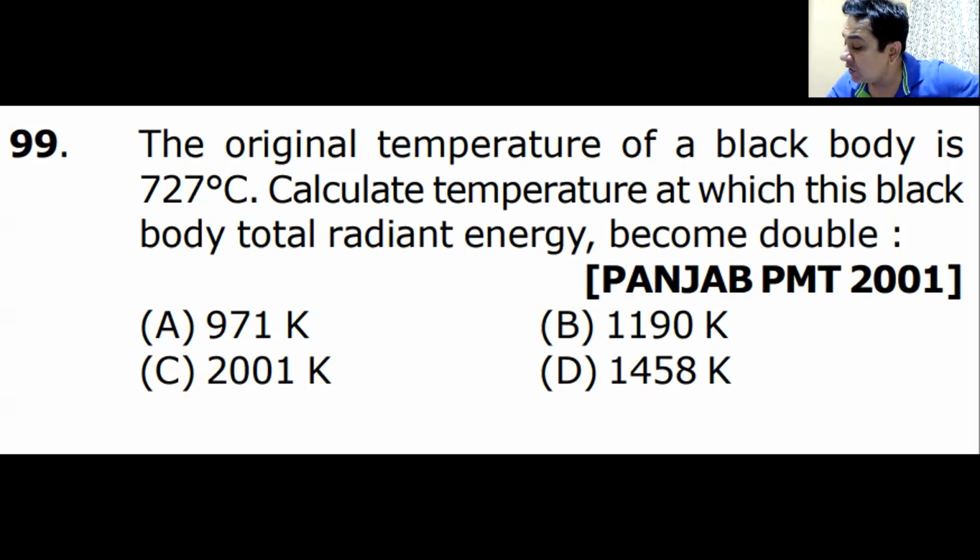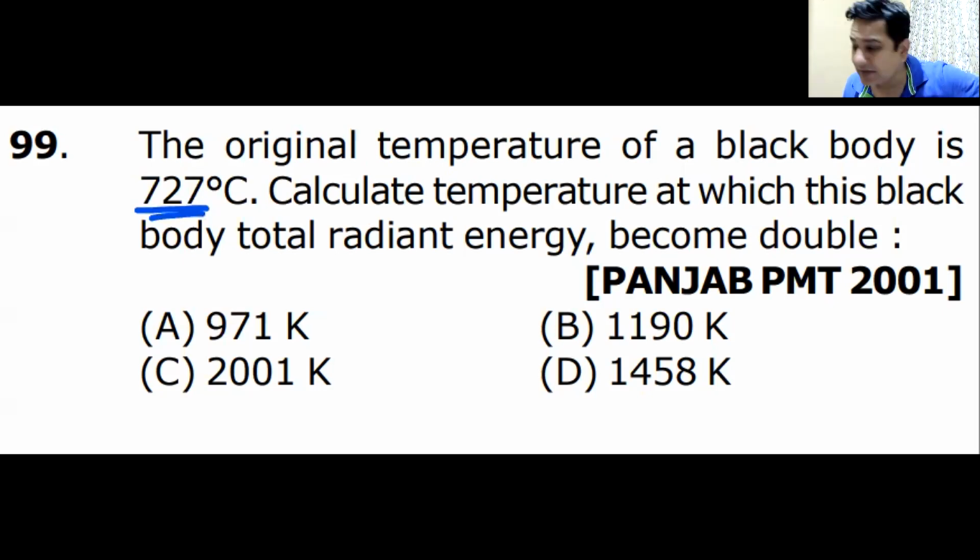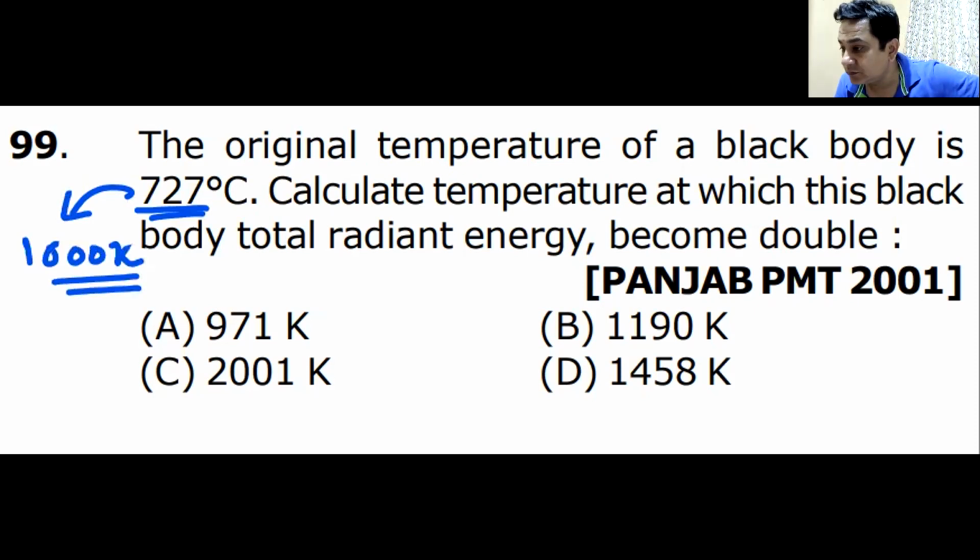So, the original temperature is given as 727 degrees Celsius. The first thing is that we convert it into kelvins. Yes or no? So it will be 1000 kelvins. Correct? So at 1000 kelvins, you have some energy.